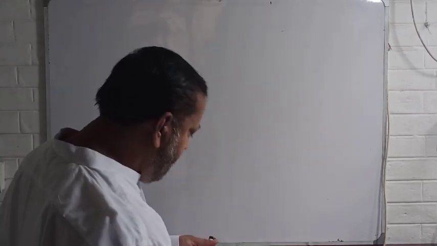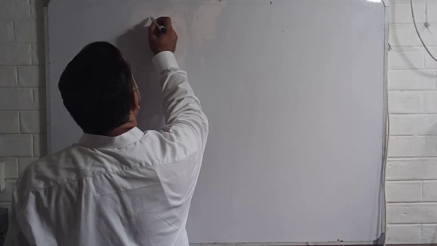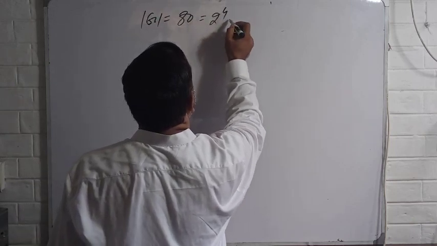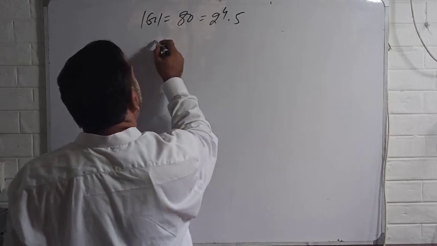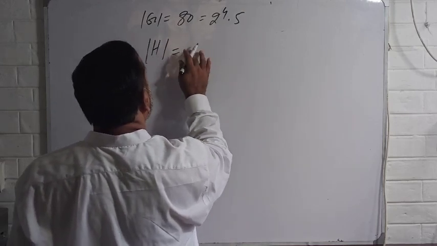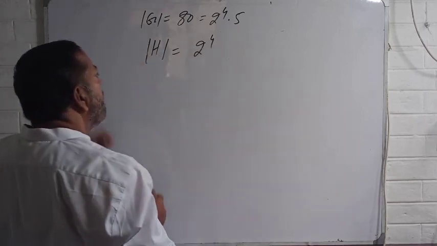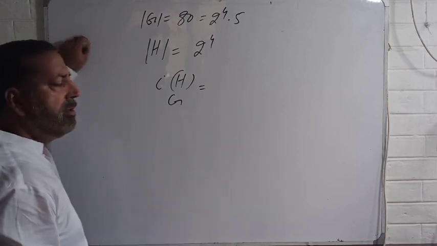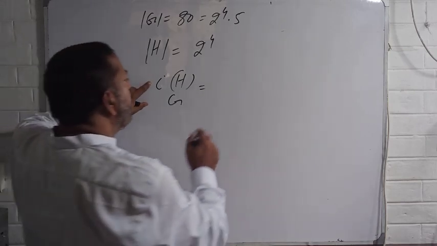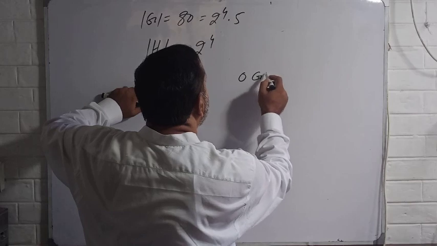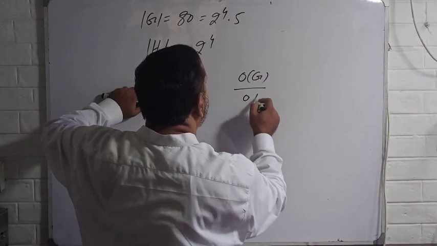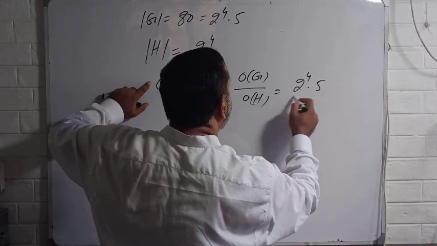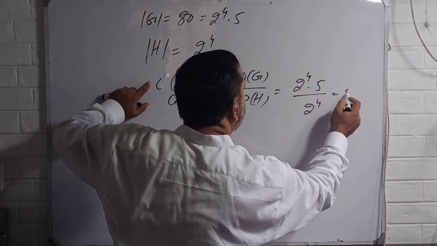Okay, if you see order of G is equal to 80, which is 2 power 4 into 5, and if H is a subgroup of order 2 power 4, then what is the index of H in G? This is order of G by order of H, which is equal to 2 power 4 into 5 divided by 2 power 4, which is 5.